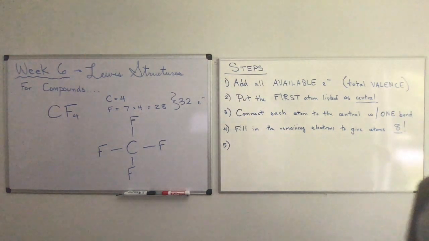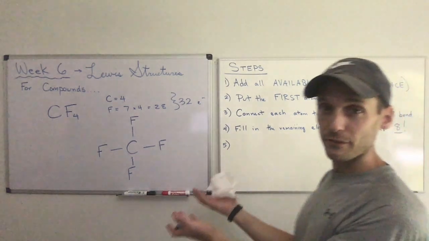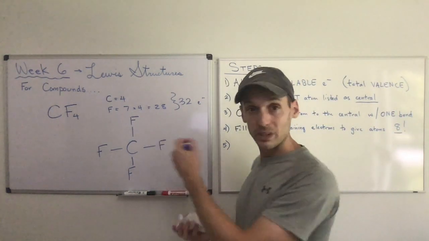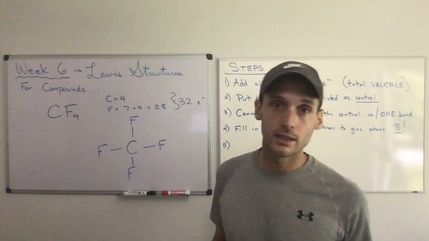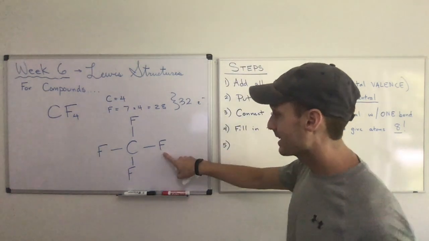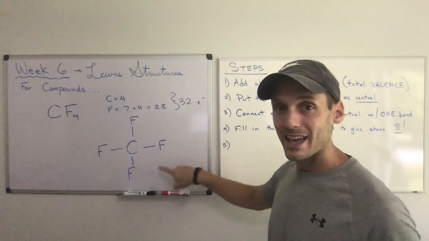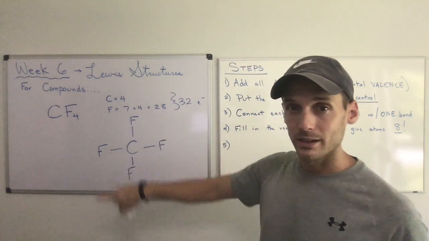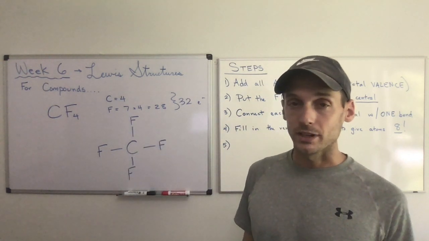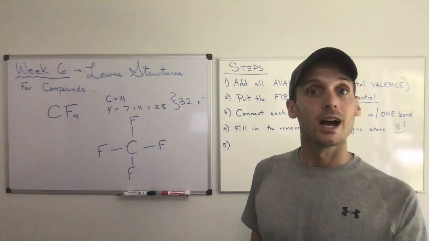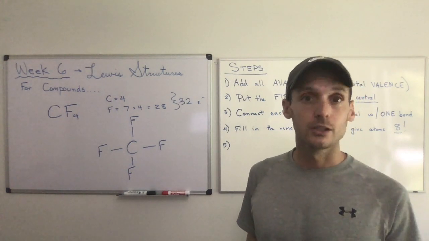That's the goal. They all want to have 8 valence electrons, so we need to fill in electrons with the dots, just like we did in the past, with the dots signifying electrons, so that every single atom here has 8 electrons, with the exception of hydrogen, which would only need 2.